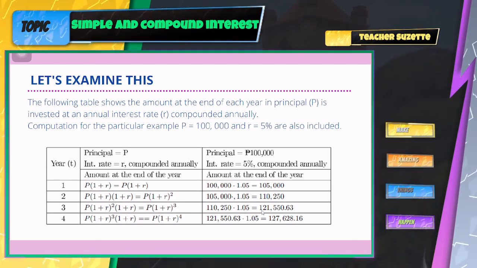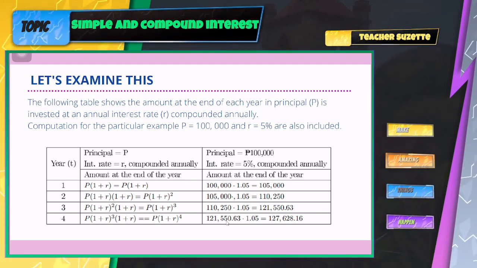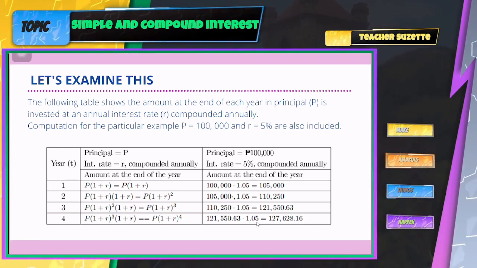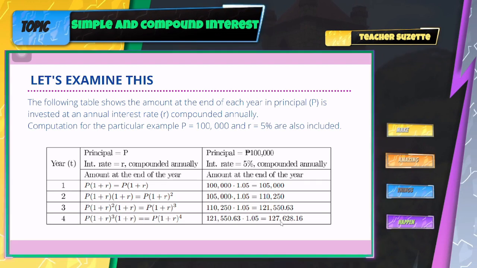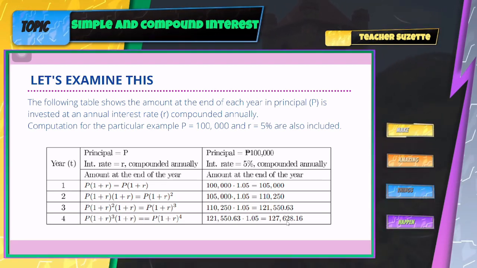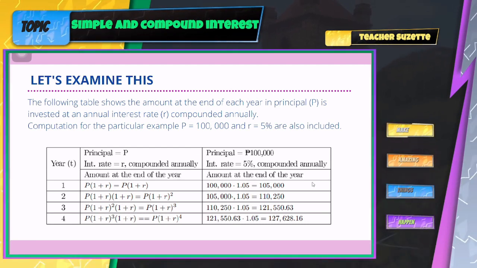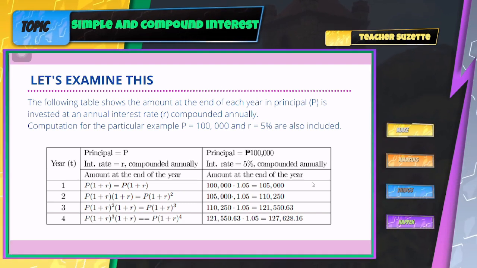So you will have 121,550.63, and this future value at the end of the third year will be the present value of your fourth year. You multiply it again by 1.05, so you will have 127,628.16.